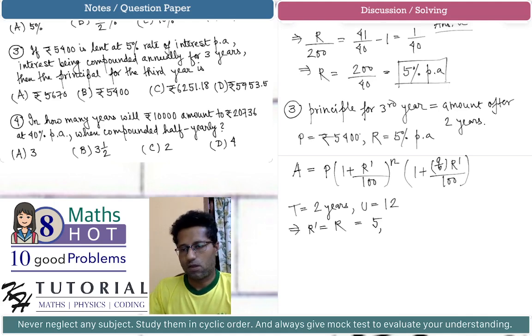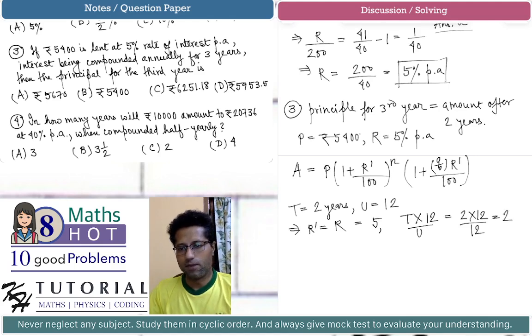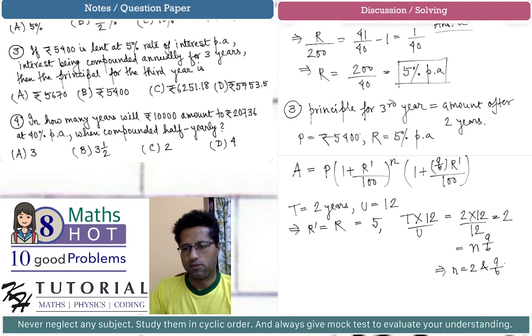To find the small n and the fraction a by b, we have to find the value of t multiplied by 12 divided by u. This is equal to 2 multiplied by 12 divided by 12, which is 2. Representing 2 as a mixed fraction n and a by b, n is equal to 2 and the fraction a by b is equal to 0.